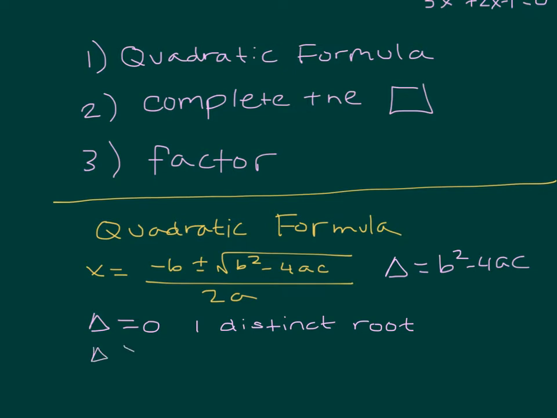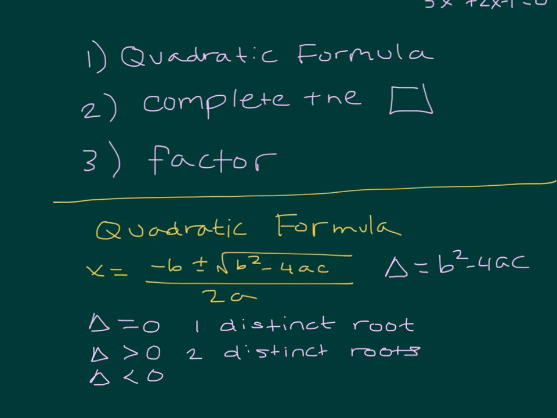If the discriminant is positive, then when we add the square root of that number versus subtracting the square root of that number, we're going to get different roots. So we're going to get 2 distinct roots. And then if the discriminant is negative, we are going to have a negative that's under a square root.